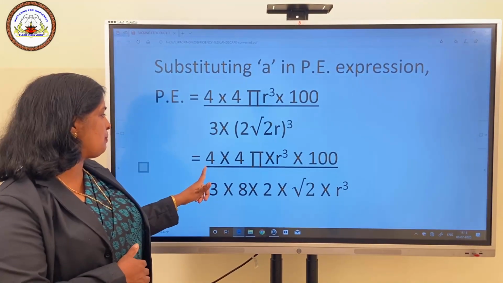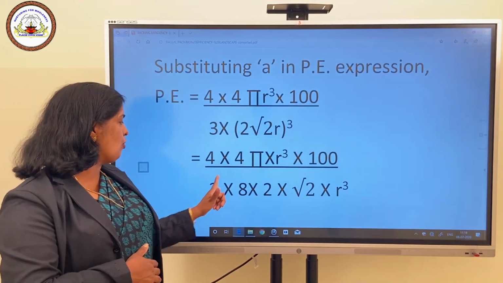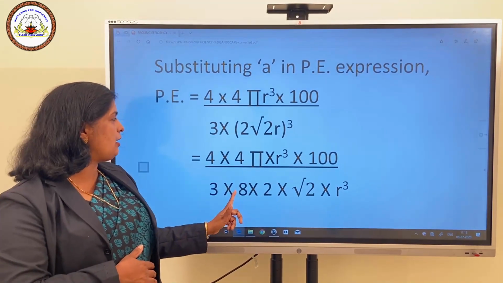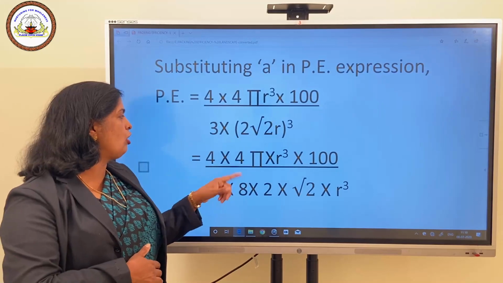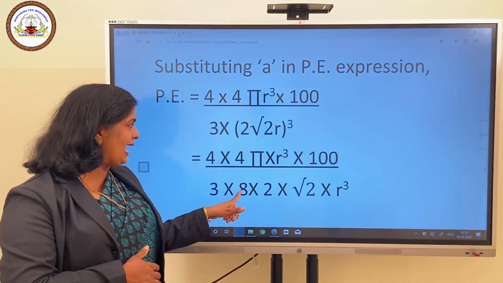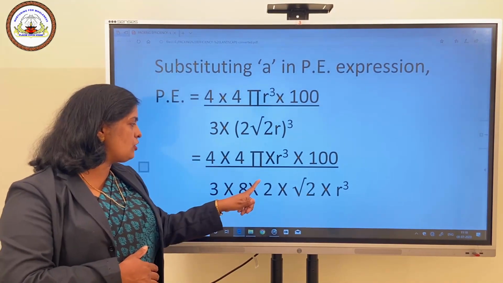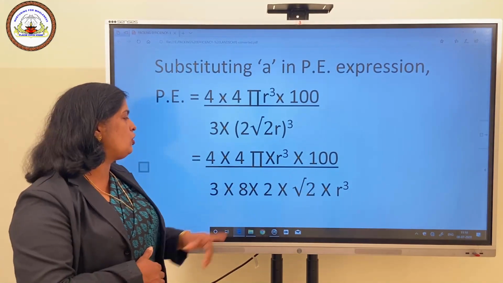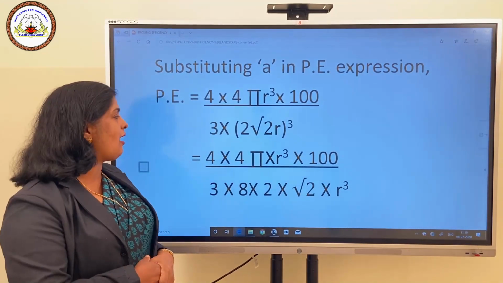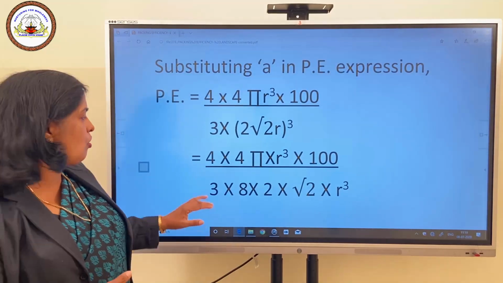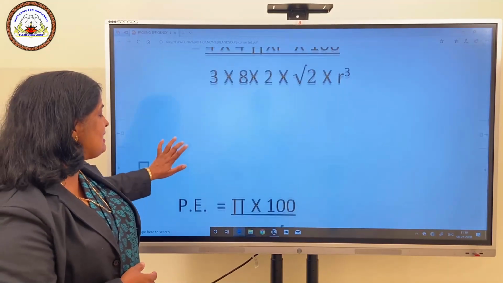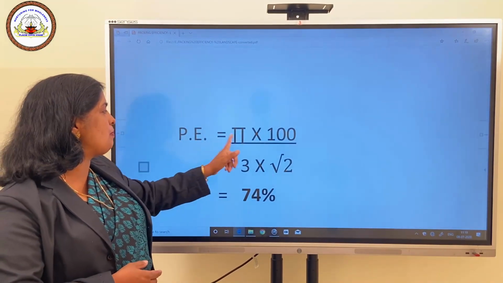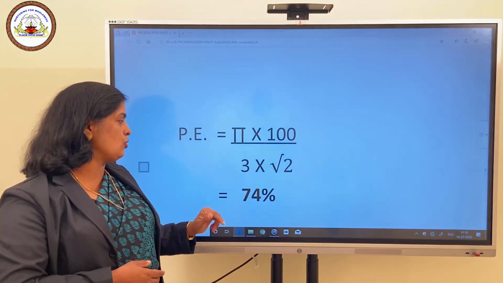We reach the expression 4 into 4 by 3 pi r cube into 100 divided by 2 root 2 r the whole cube. 2 cube is 8. Root 2 cube is 2 root 2 into r cube. So now we can cancel r cube so that we reach a constant value, and it is none other than P is equal to pi into 100 by 3 into root 2.